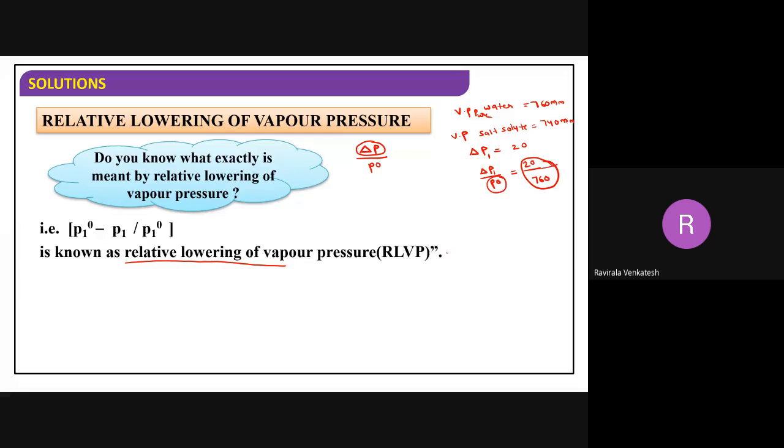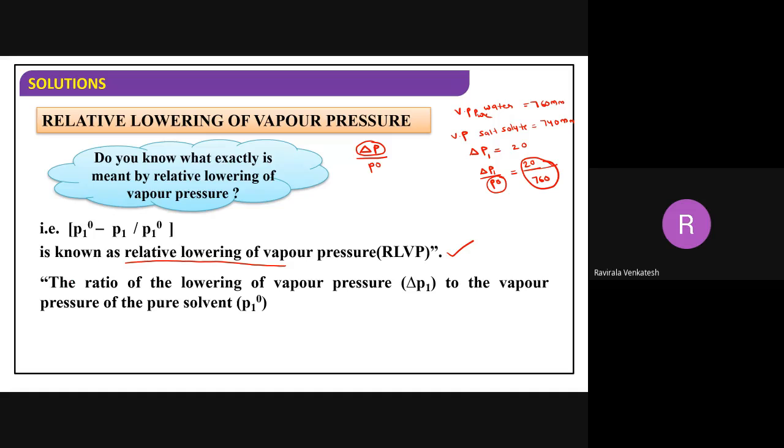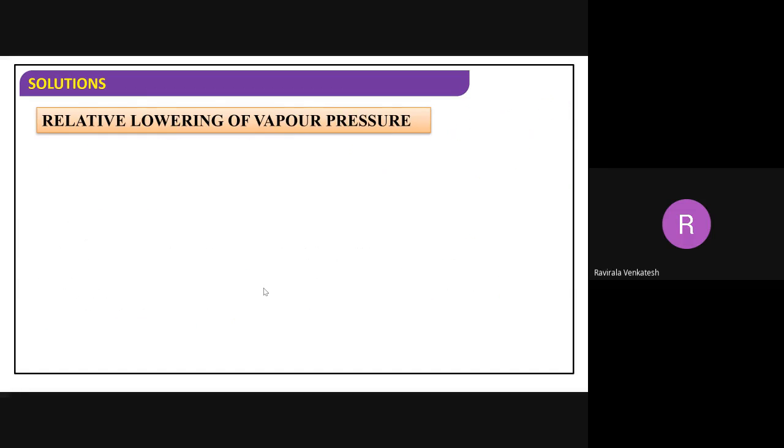Understood? The ratio of the lowering of vapor pressure ΔP to the vapor pressure of the pure solvent is called the relative lowering of vapor pressure. I am repeating again.